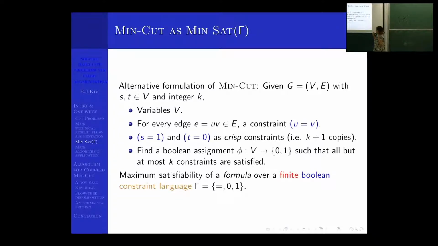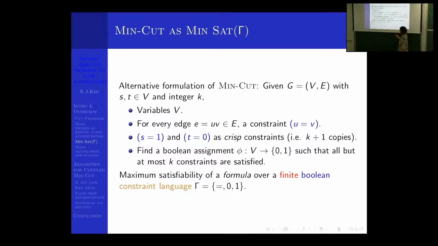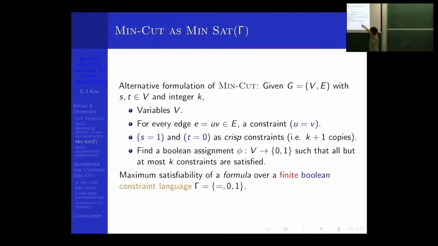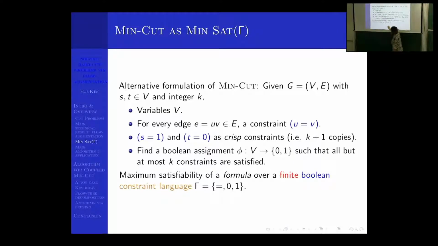So this collection of relations is called a language. And if the arity of each relation is finite and the number of relations is finite, then gamma is finite. And if we care about the Boolean assignment, then it's called a finite Boolean constraint language gamma.